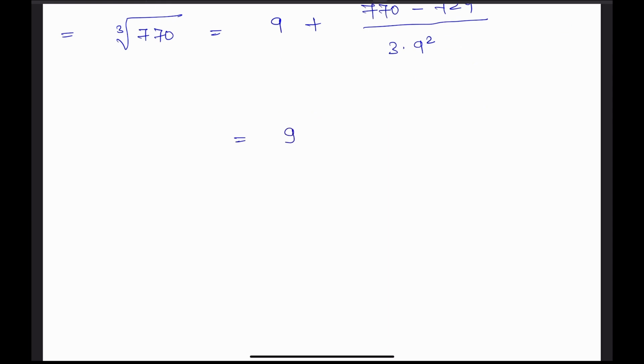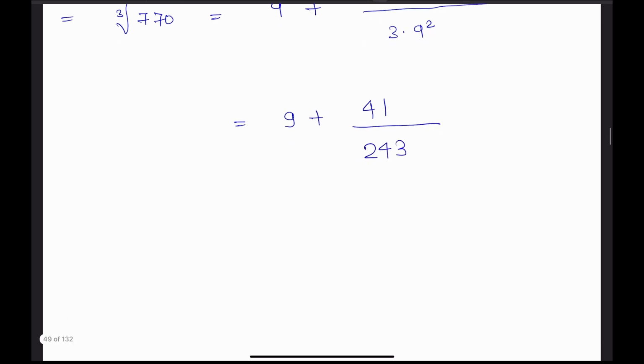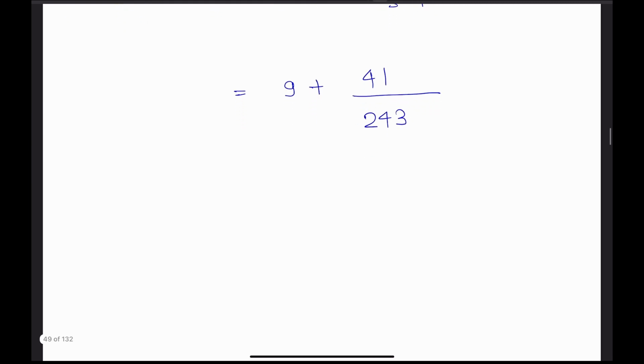So 9 plus 770 minus 729: 729 plus 1 is 730, 30 plus 40 is 70, so 41 by 3 into 81, which is 243.